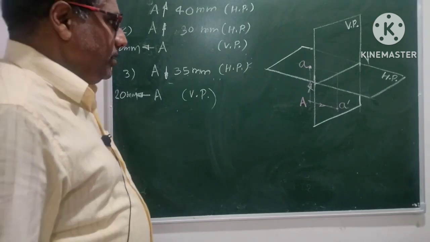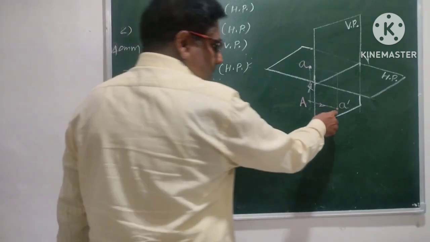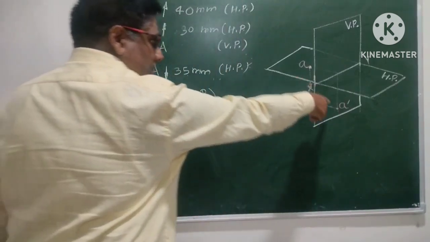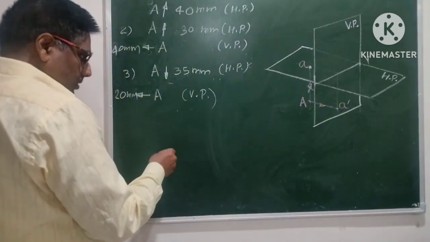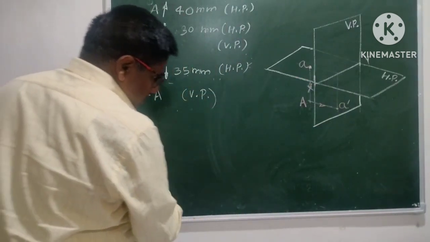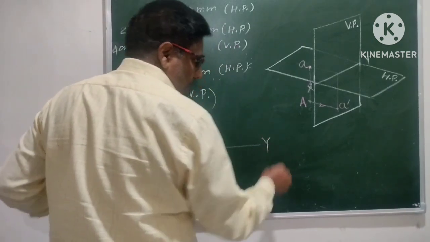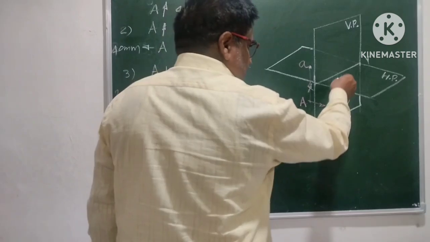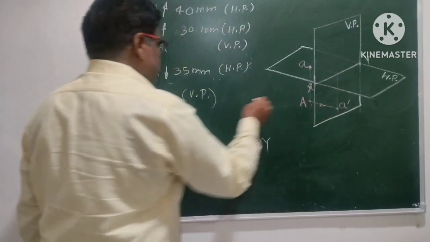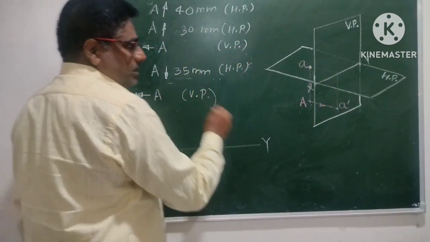First of all, let us draw the front view, which is very clear from this diagram. To draw the projections of this point, draw the xy line, the reference line, first. This below distance is how much? 35 mm.